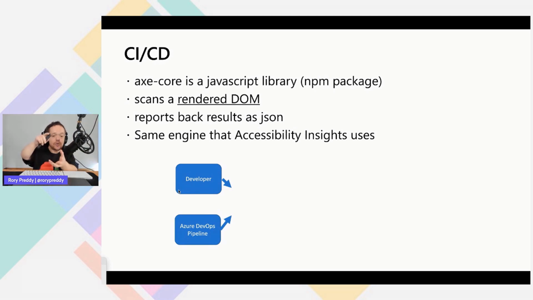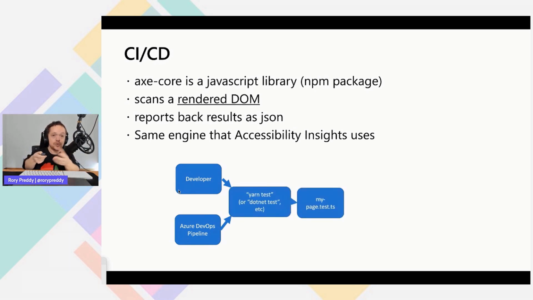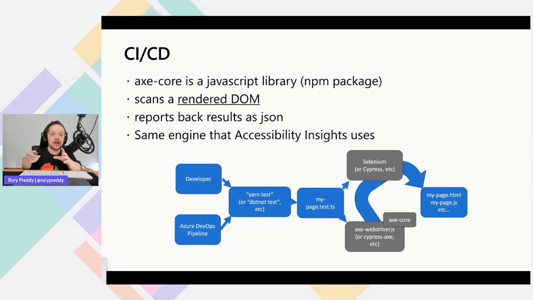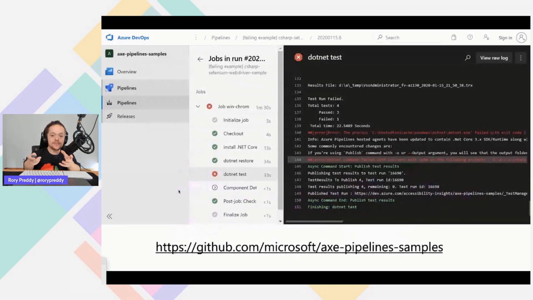So you take your developer, your Azure DevOps pipeline, or your GitHub Actions. You do your Yarn test or your Maven test on your output TypeScript or JavaScript, and then it prints out the actual results using your Chrome driver or Selenium, your test engine. You get a nice little DevOps pipeline that you can see there, where the .NET test failed.